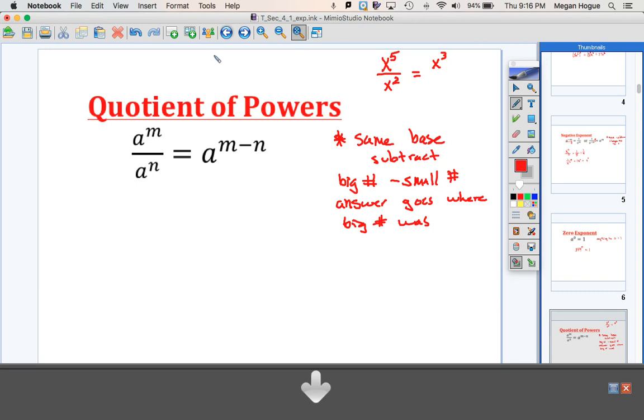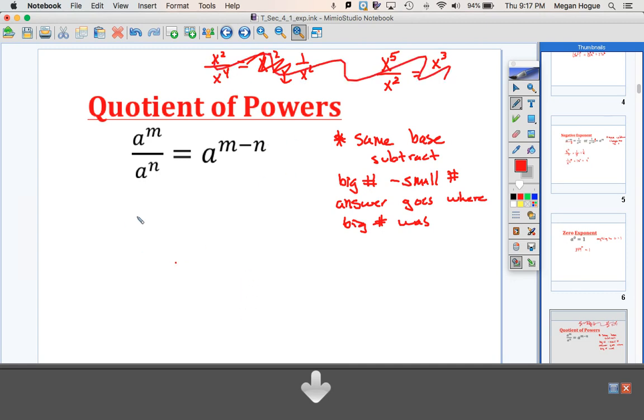If I have x squared over x to the fourth, then when I subtract, if I just straight subtract like this property says, I'm going to have x to the negative second. Oh, but then I have to move it down. So the shortcut I'm using here is I'm saying, okay, I'm not going to do this part. I'm going to say 4 minus 2, because that's how I like to subtract. But since 4 is bigger, my answer goes on the bottom.